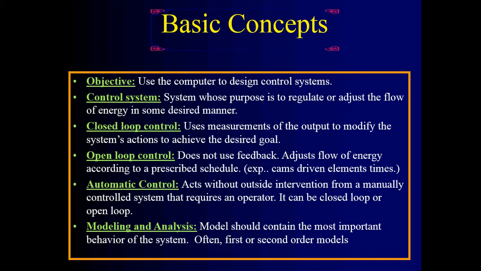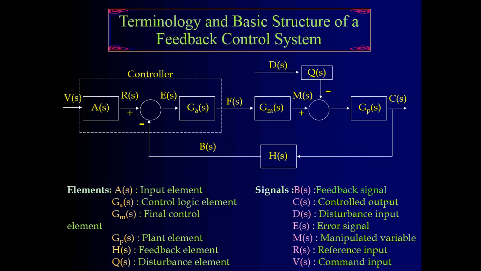And of course, we use computer models to be able to do this because it's much cheaper and better to build something on the computer as opposed to spending thousands of dollars to do it in the shop. Now here's a very important slide.